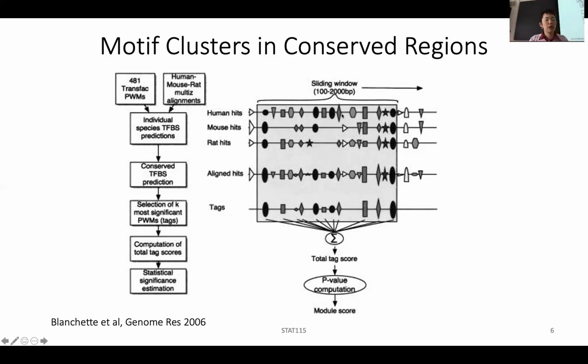You can use sequence conservation first to eliminate a lot of sequences, and then within each of those a little bit more conserved sequences, you can ask, do you see the same motif appearing over and over again? Do you see a combination of different motifs and things like this? There is a study generated on this, and they can eliminate a lot of the irrelevant sequence in the genome.